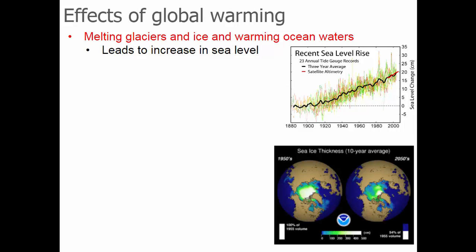And as the Earth's oceans get warmer, and as these glaciers melt, that leads to increases in sea level. Again, here we have global sea level. Okay? And we see the sea level has been rising. So it will continue as those glaciers melt, as the Earth warms.